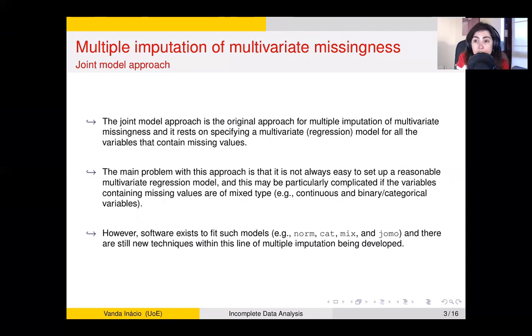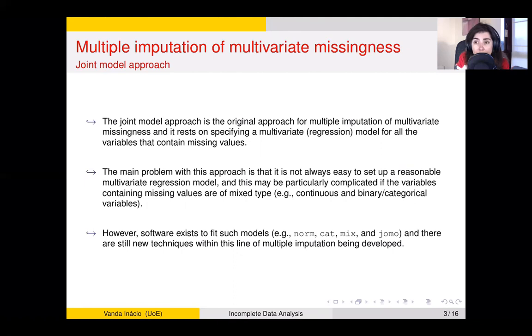For instance, imagine that I have three variables with missing values, and the three variables are continuous, so I can specify a regression model based on a multivariate normal distribution. But then if the number of variables with missing values increases, the model becomes quite high dimensional, and it's not easy to deal with so many dimensions.